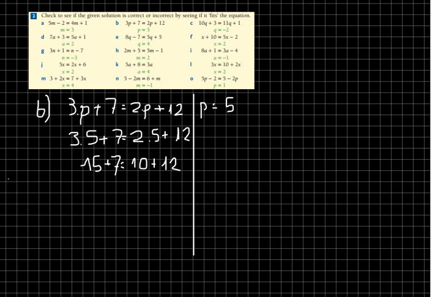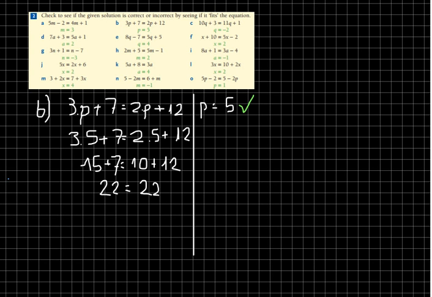Now 15 plus 7 is 22, and 10 plus 12 is 22. Since 22 is equal to 22, we can say that this answer is correct. So after all, p is equal to 5.